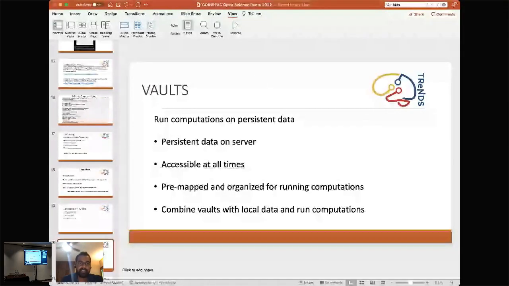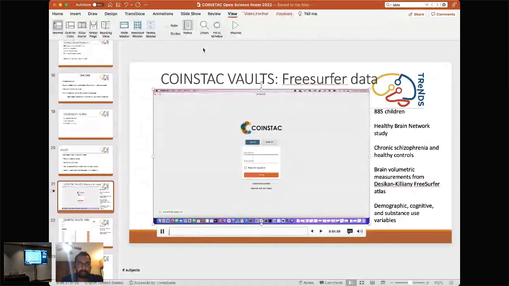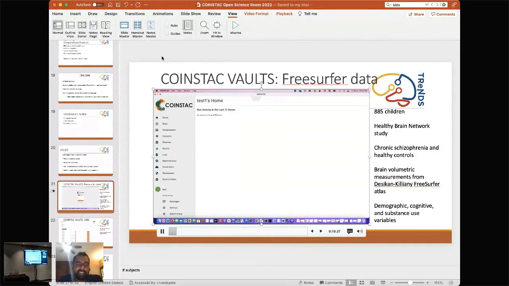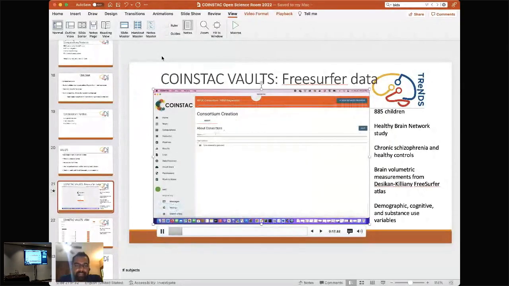So here, I will show you an interface of how this runs. Okay, so here we log in using our username and password. And the first step is to create a consortia. Give the name, description as needed.